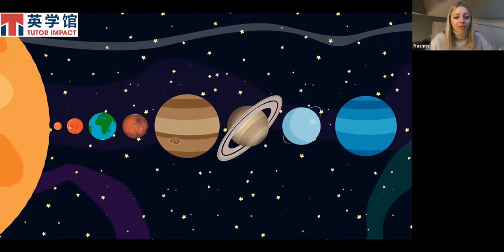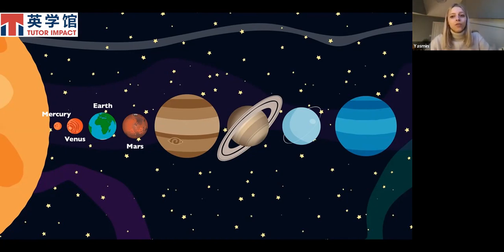And then we have the other planets, which are Mercury, which is the first one on the left, the small one closest to the sun. We then have Venus, which is the second one. We have our own planet, which is Earth. We have Mars, which is on the other side of Earth, slightly further away.